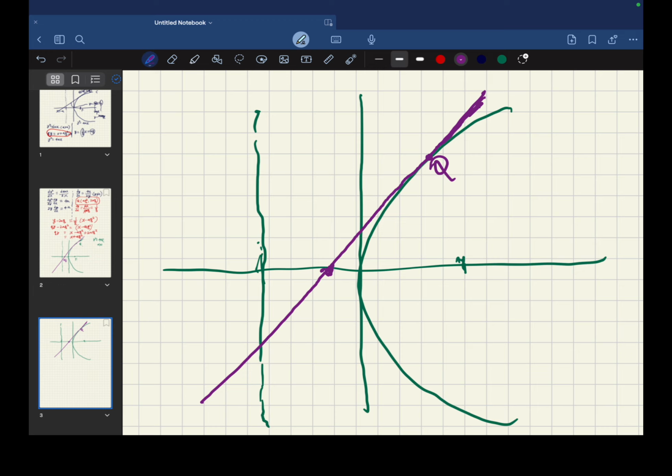Now it's much better. And here is minus a, and D would be here. So D and X and Q are here.